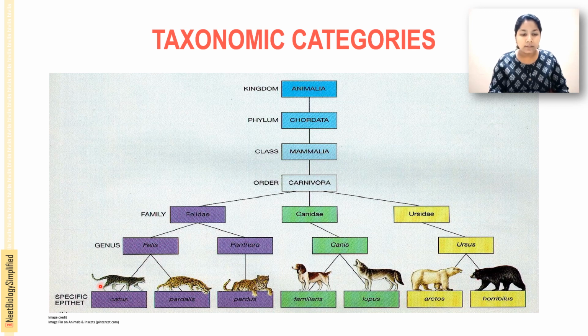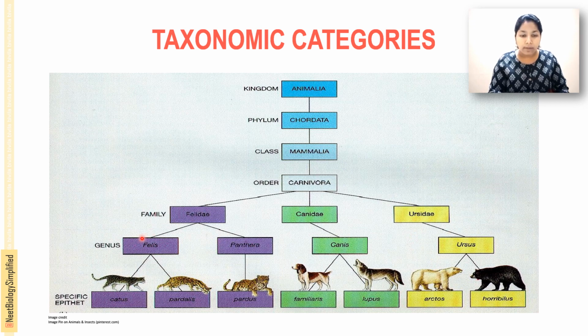These are the species, and Catus and Pardalis, they are coming under the genus Felis. Pardus coming under the genus Panthera, Familiaris and Lupus, they are coming under the genus Canis. Arctos and Horribilis, they are coming under the genus Ursus.